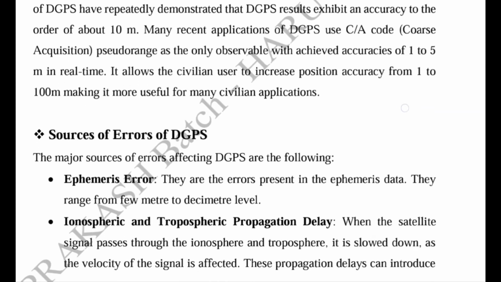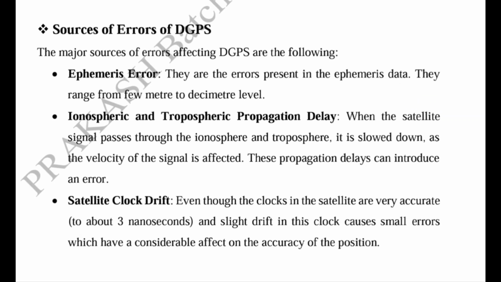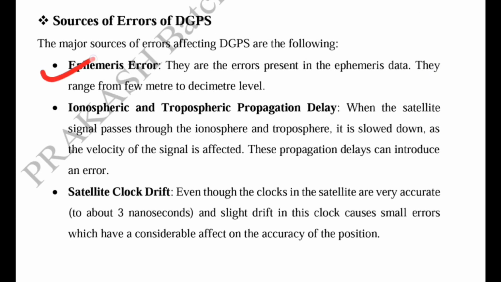Now the important topic is the sources of error of DGPS, meaning what may be the sources that introduce error into the GPS calculation or positioning data. There may be many sources. First one is the ephemeris error, which represents the errors present in the ephemeris data. And what is the ephemeris data? It is the information about the orbital periods of revolving satellites, because we know that every GNSS system has many satellites and they have different orbital planes also.